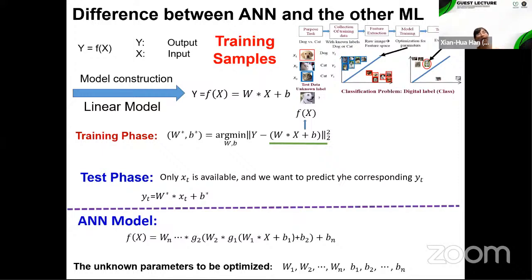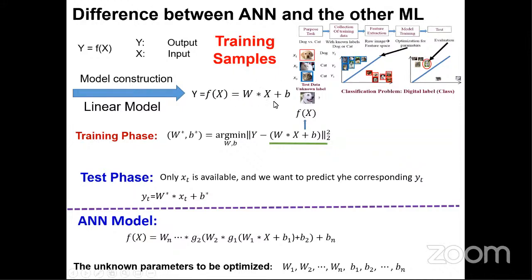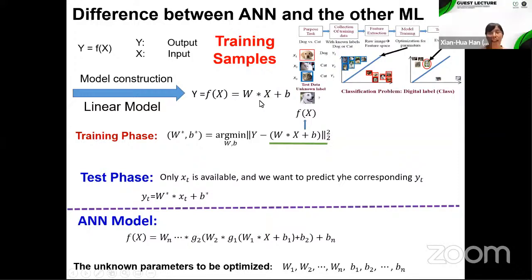As we said, in the linear transformation, we usually use very simple mathematical operations, some linear algebra. With x as the input, we use w as the unknown parameter to multiply the input x and add some bias, and then get the output. This is a linear model.